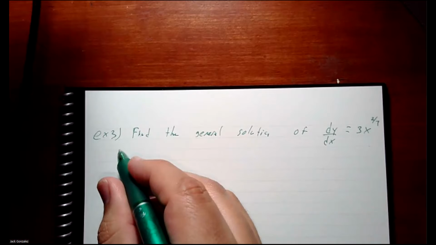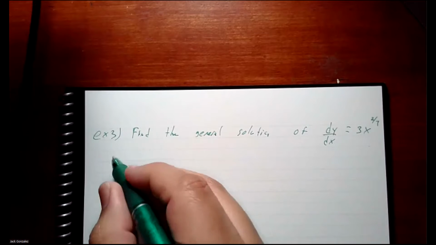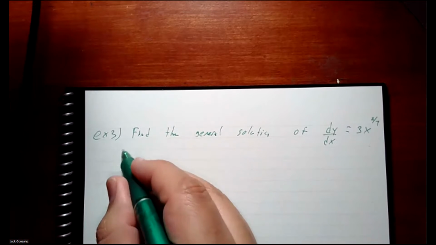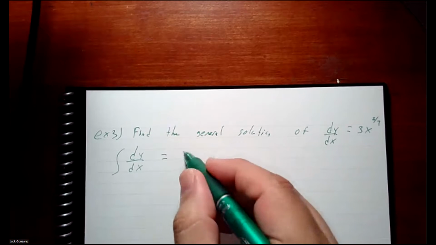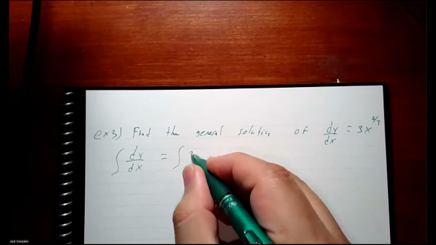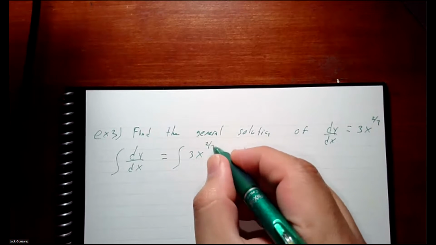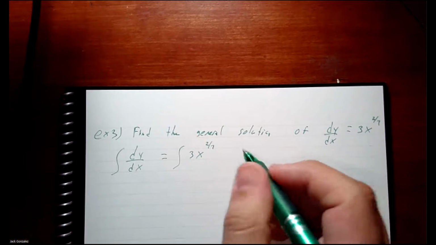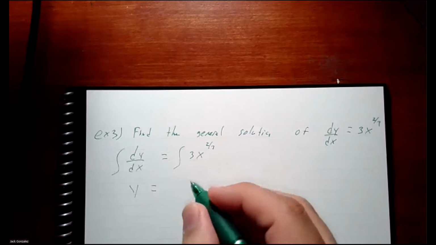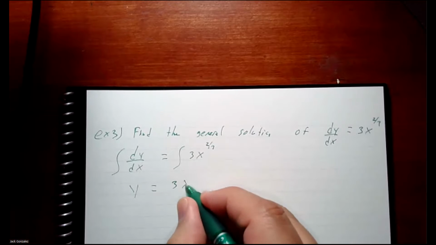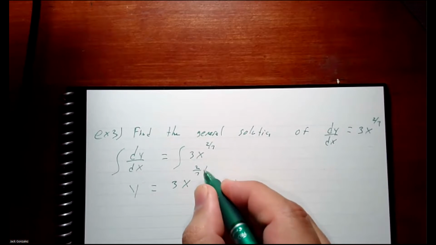So all you got to do is integrate both sides. These cancel, leaving you with just y equal to the integral of 3x to the 2/7.